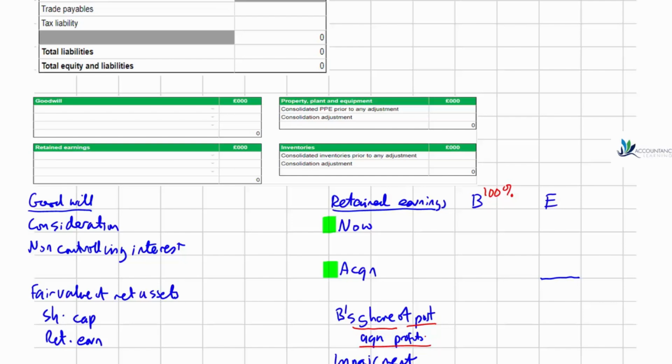So we need to compare what is the difference between retained earnings now and retained earnings when we bought the company in the first place. And then that will give us what we should include in the group retained earnings.